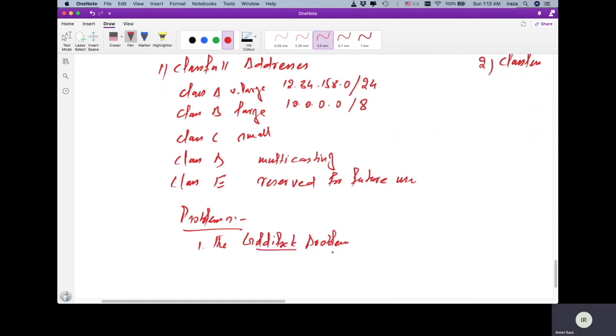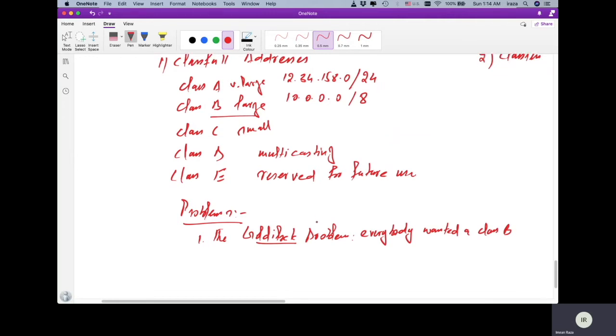You must have read the story of Goldilocks and the three bears, right? Everybody wanted a class B, because class A is very large and class C is small, so class B is sort of the best fit, the ideal, right?